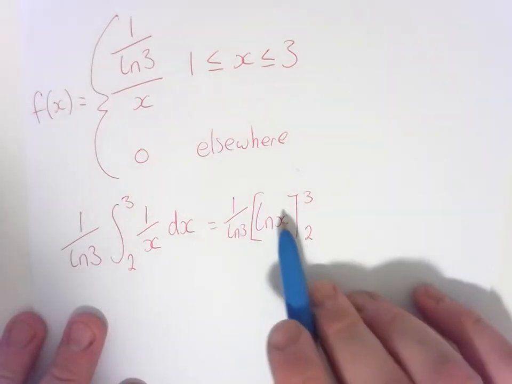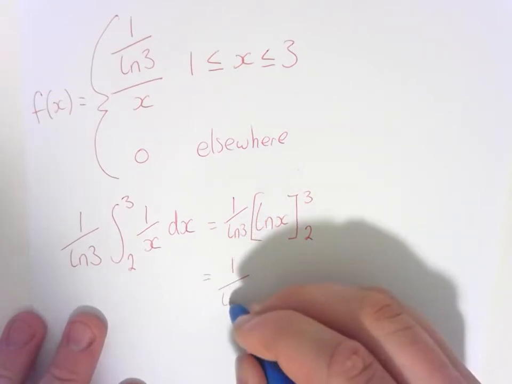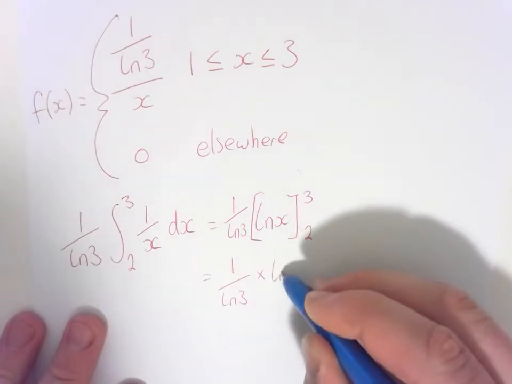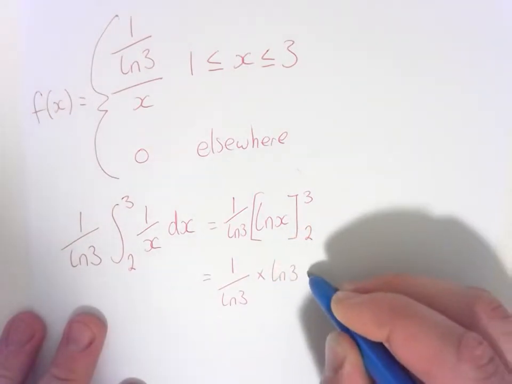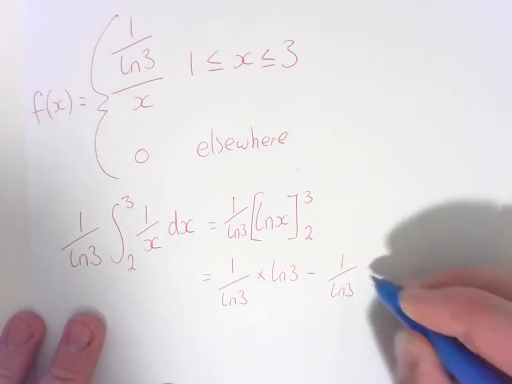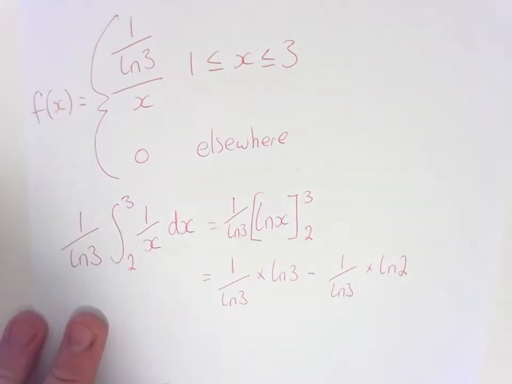Substituting in 3 and subtracting the substitution of 2, I get 1 on the ln of 3 multiplied by the ln of 3, subtract 1 on the natural log of 3 times the natural log of 2.